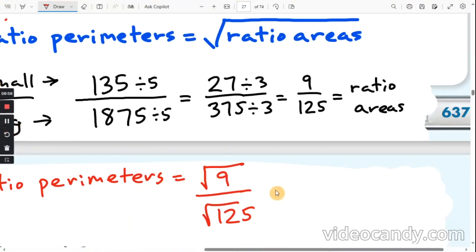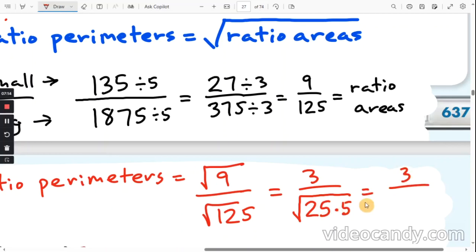Square root of 9 is just 3. And the square root of 125 is the same as 25 times 5. Square root of 25 is just 5, and you have radical 5 left over.